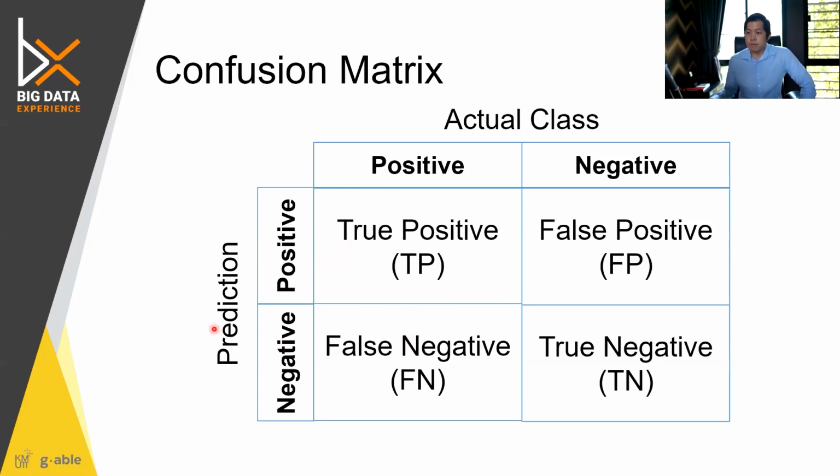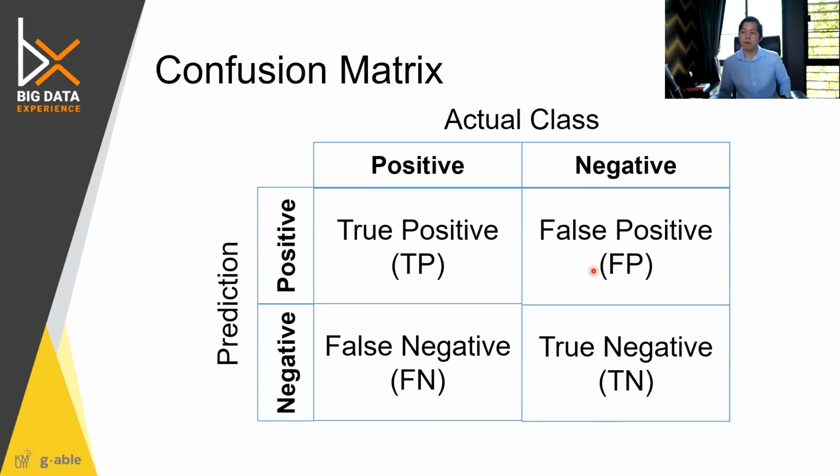If the model predicted that the points should be negative, and they are negative, those points should be the true negative class and true negative part here. On the other hand, false positive means that the model predicts that this is positive, but the actual class is not positive.